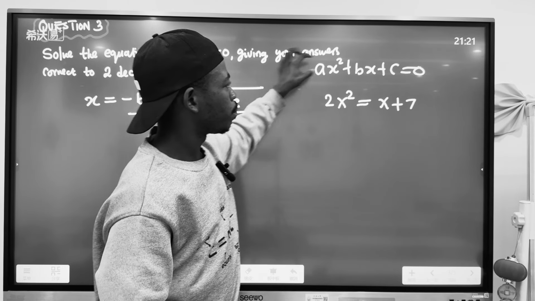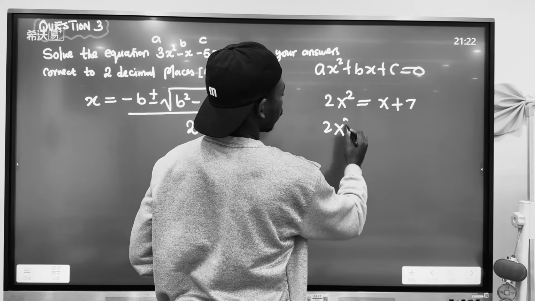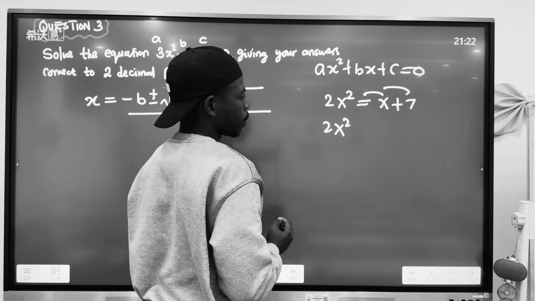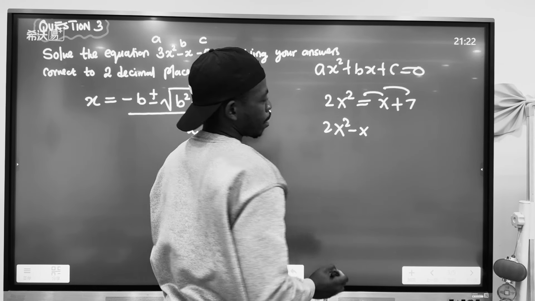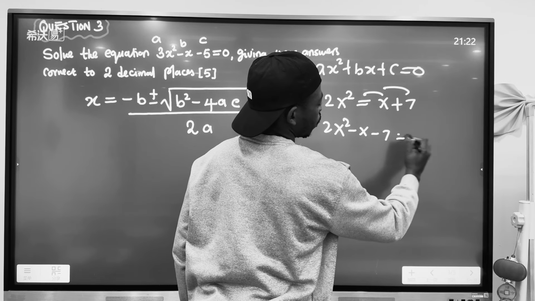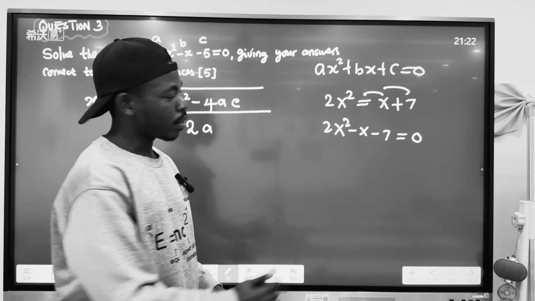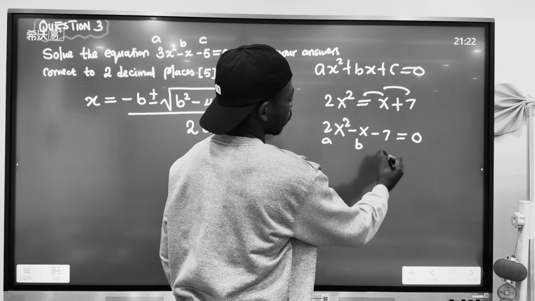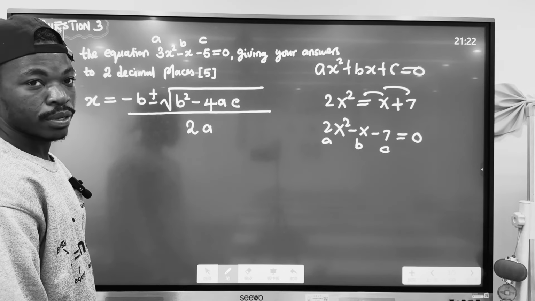In other words, you have to put it in this standard form. So you bring these terms to the other side. To be 2x squared, what follows should be x, so minus x, because it goes to the other side. Then this one, minus 7. Then what remains there is a 0. Now that it's in this form, you can figure out what a, b, and c are. Then you can use them to substitute in the formula. Then you're good to go.